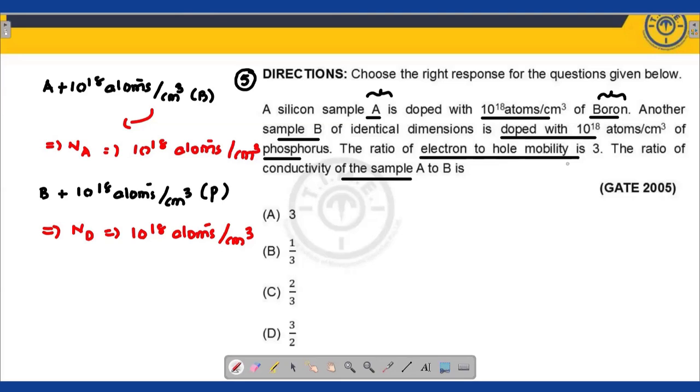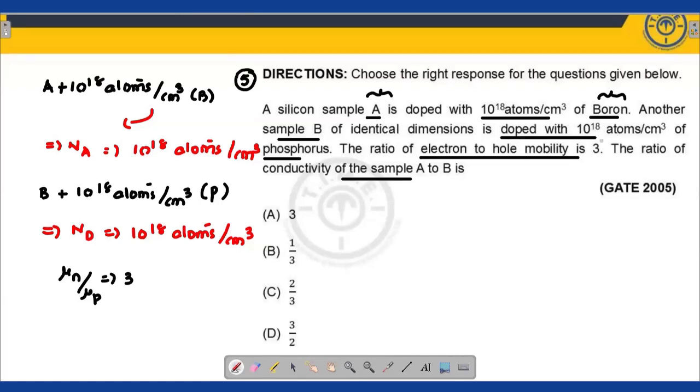Then he is asking for the ratio of conductivity. The ratio of electron to hole mobility, so here I am taking mu n by mu p equal to 3. So here we need to study the question in a proper format.